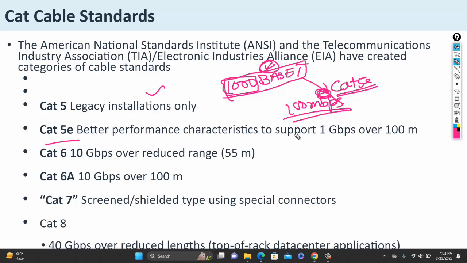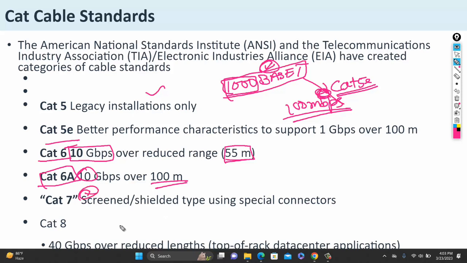Similarly, CAT 6 can handle 10 Gbps but only over 55 meters. So if you want 100 meters at the same speed, you will have to use CAT 6A. CAT 7 is mostly not used, but in some cases it is.